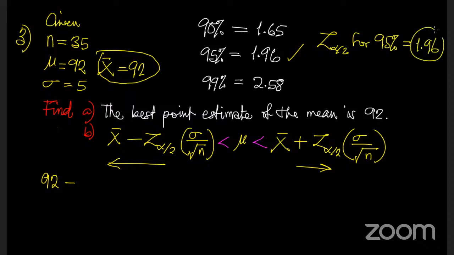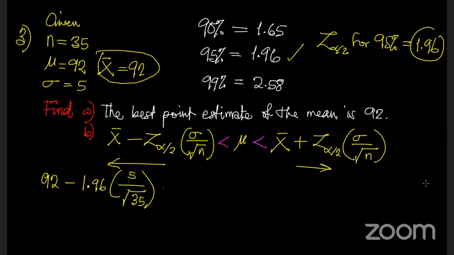So that's what we're going to use here. So minus 1.96 times, what is the standard deviation? It's 5. So 5 all over square root of 35. Close bracket.